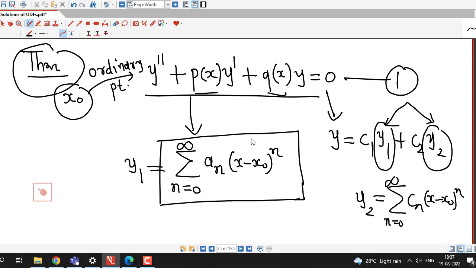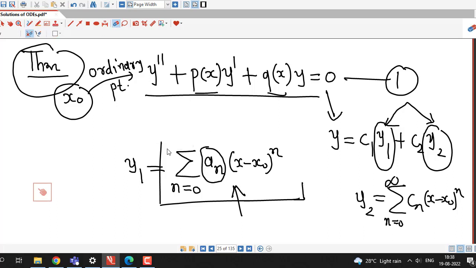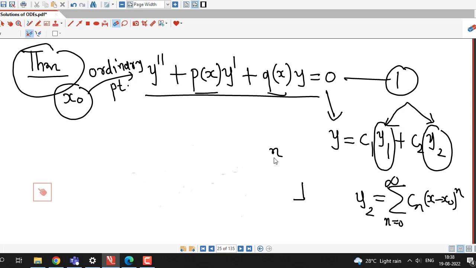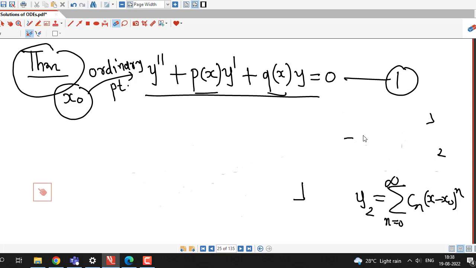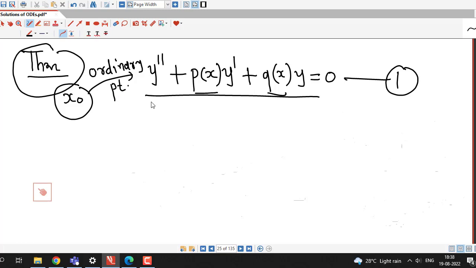And once we know that the solution is in this form, we can put that solution in equation number 1 and we can decide these unknown constants a_n. So the idea of the power series method is based on this result. Whenever we want to find the power series solution of this type of differential equation, then if x0 is an ordinary point, we will start by considering y equal to sigma a_n (x minus x0) raised to n.